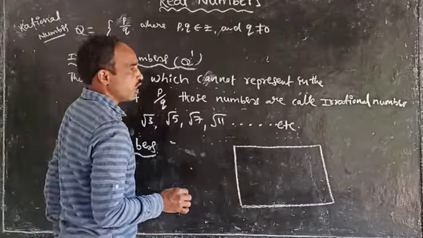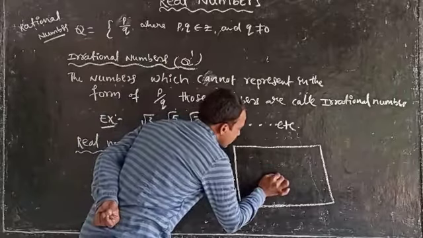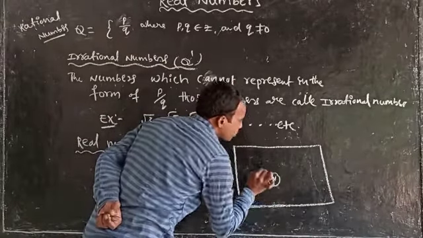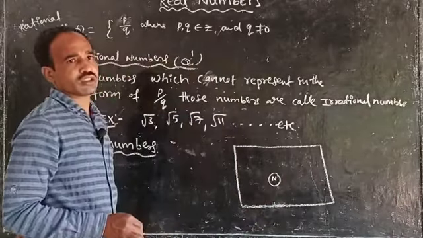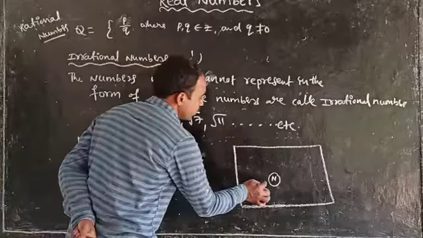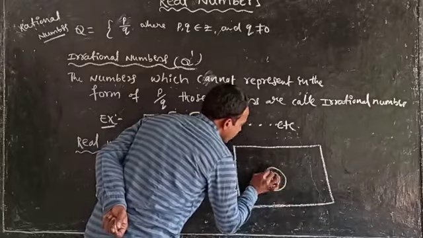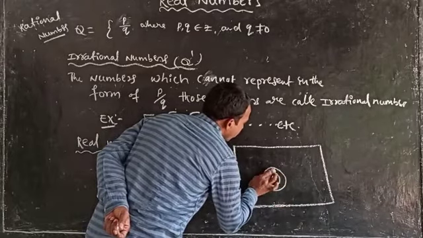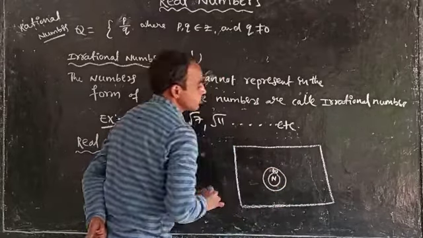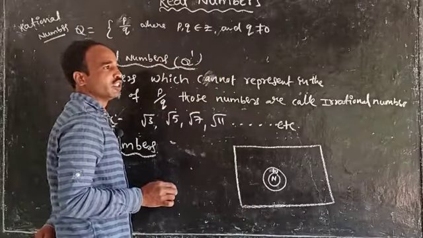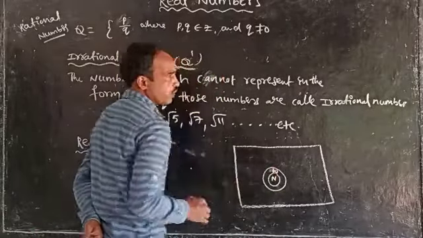In this square box, this small circle belongs to natural numbers, so all the natural numbers are inside the circle. And next circle, this is the whole numbers. This circle is outside the first circle; total whole numbers are here.